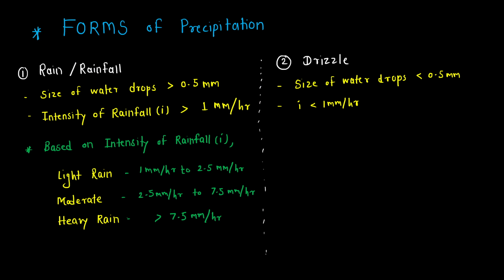So how to make the difference between rainfall and drizzle? You should identify the size of drops. If the size of water drops is greater than 0.5 mm and the intensity is greater than 1 mm per hour, then it is called rainfall. If the intensity is less than 1 mm per hour, and the size of water drops is also small, less than 0.5 mm, then it will be called drizzle.